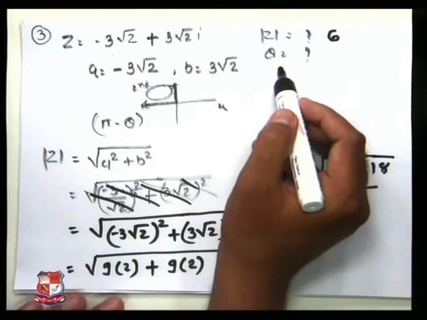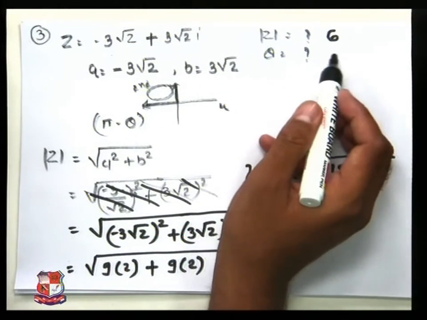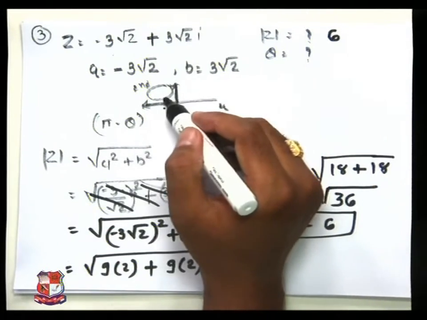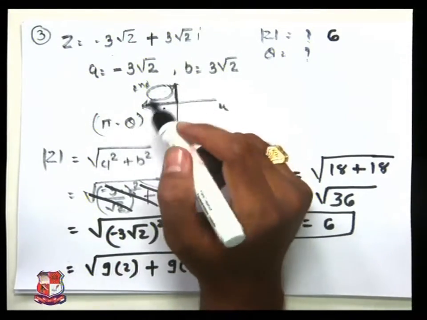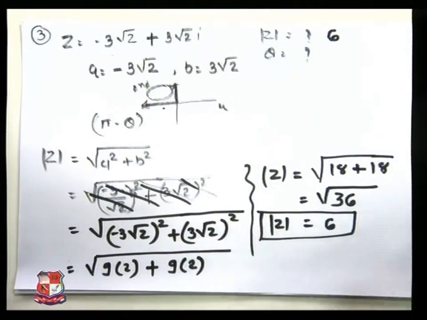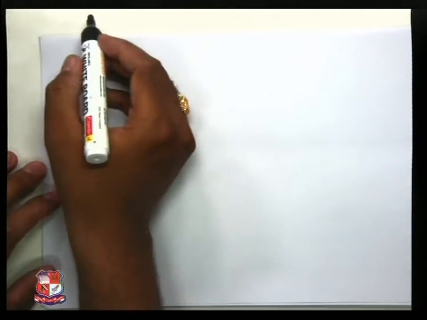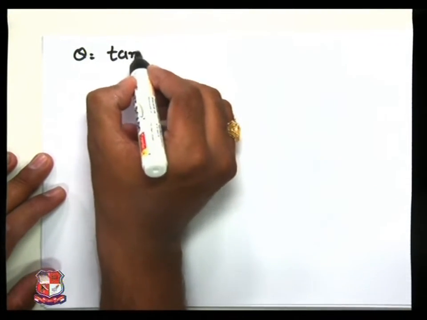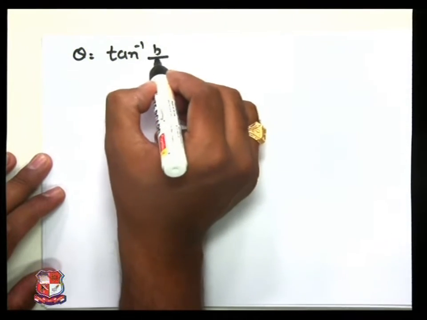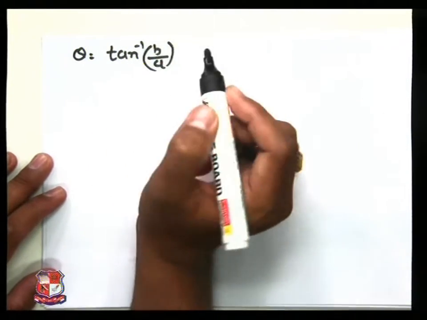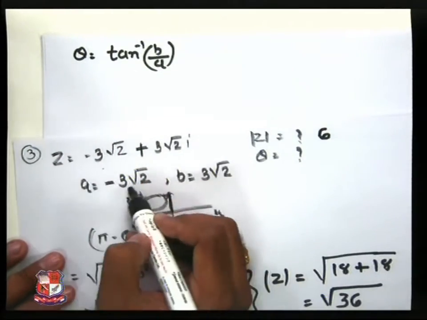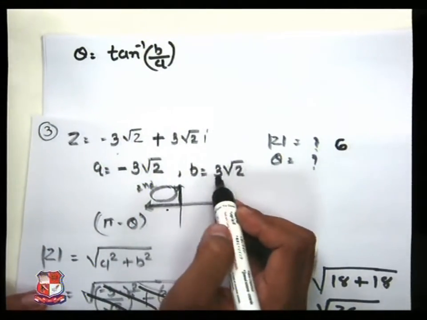Now we want to find out the second value, theta. Based on our theory, we first find the theta angle and then convert it into pi minus theta form. So the equation of theta is theta equal to tan inverse b by a. In our sum, a is minus 3 under root 2 and b is 3 under root 2.